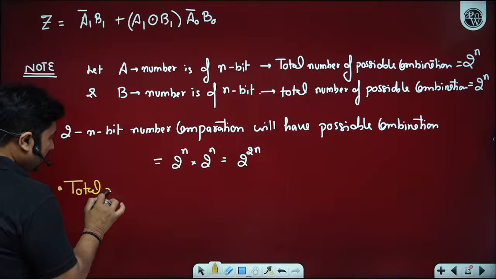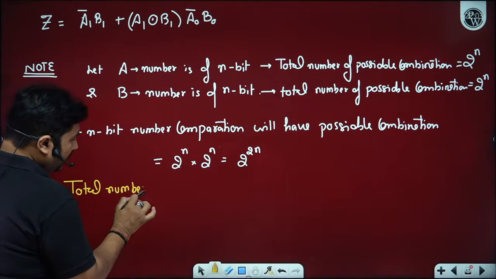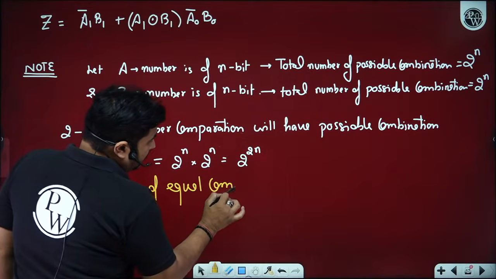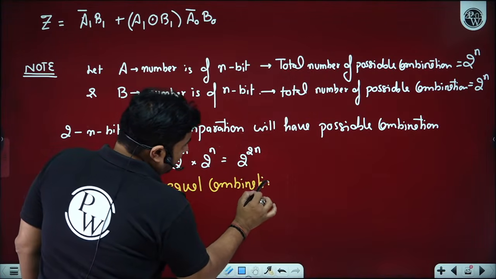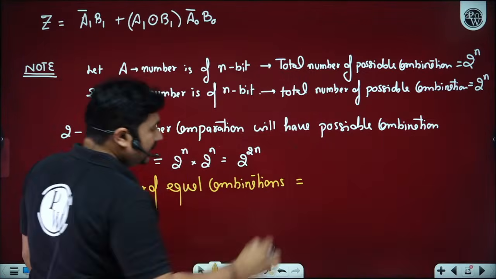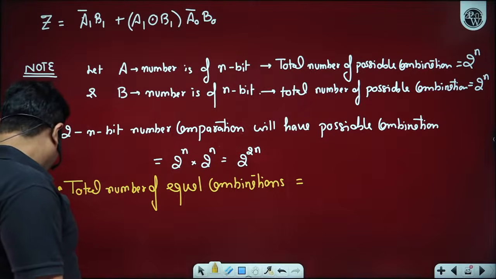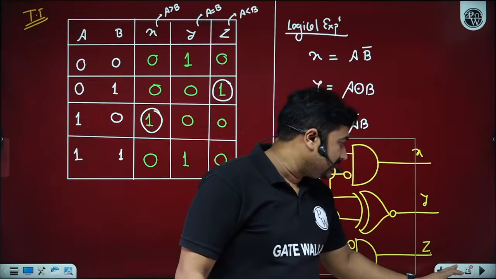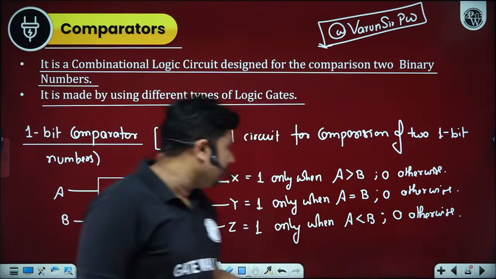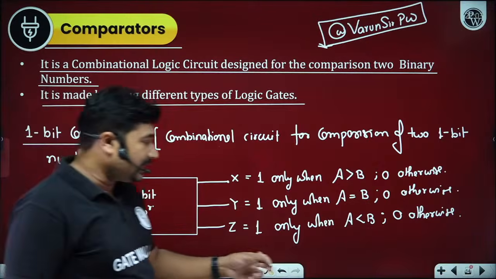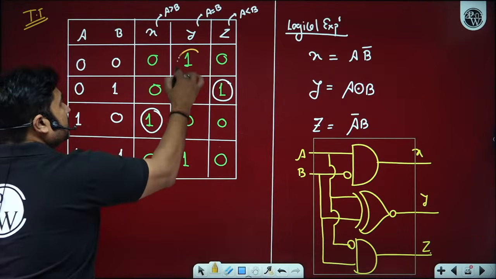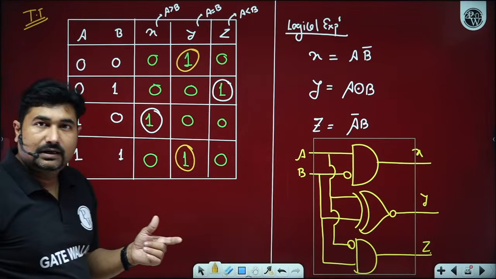Total number of equal combinations possible. How many equal combinations? If we have a 1-bit comparator, how many combinations are possible where the numbers are equal? 2 combinations.